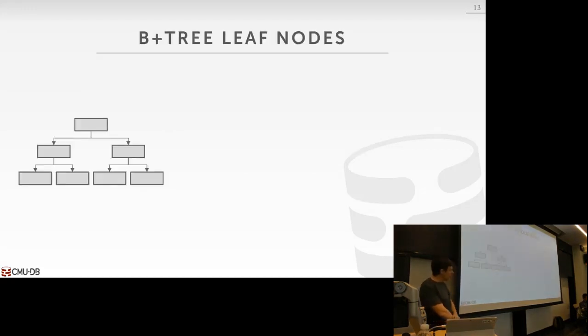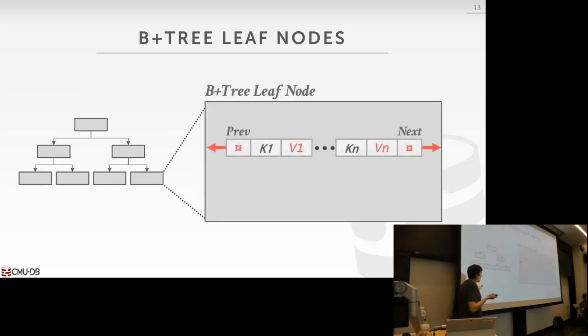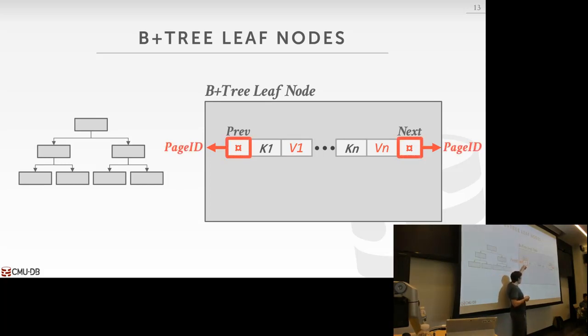All right, so let's actually look at how these leaf nodes are implemented. Logically, you just think of it like this: you have this array, and you alternate key value pairs, and this is typically how a lot of textbooks show what a B+ tree node looks like. The first thing to point out is, since this is the leaf node, we have pointers at the end and the beginning of our array to our siblings.